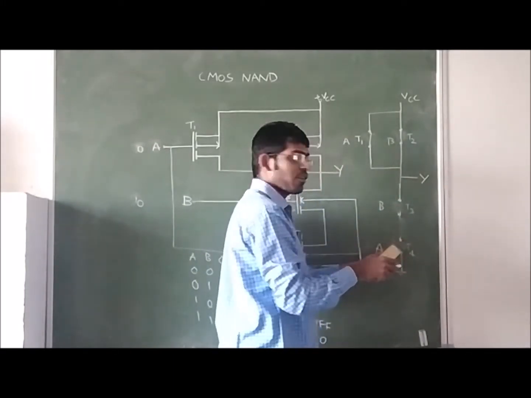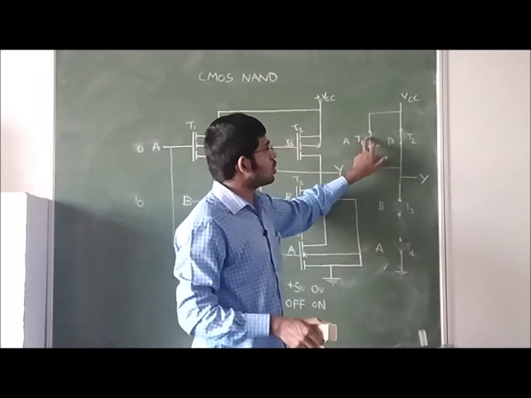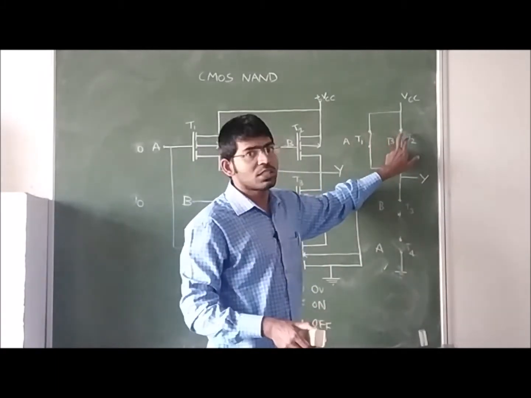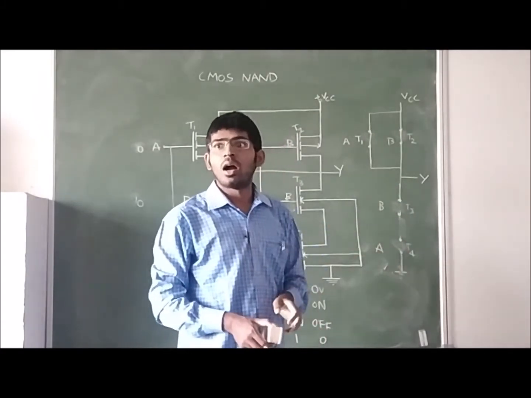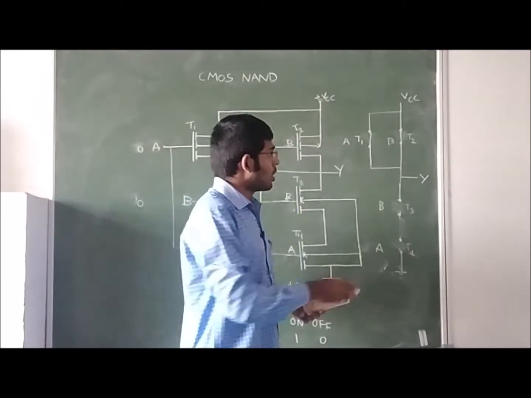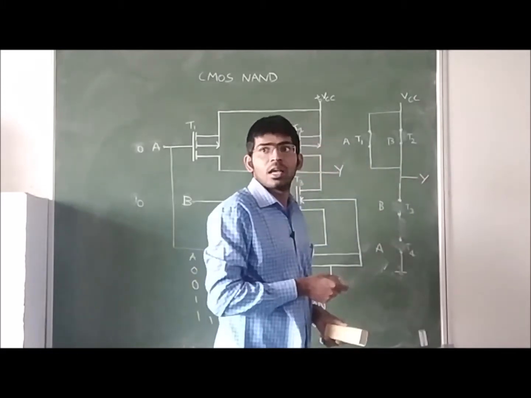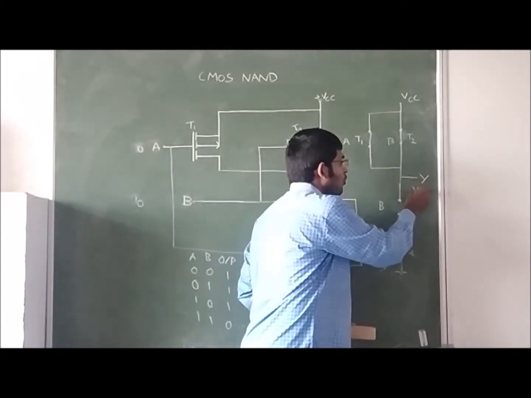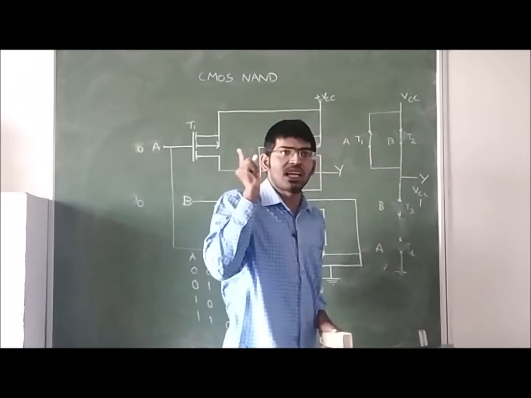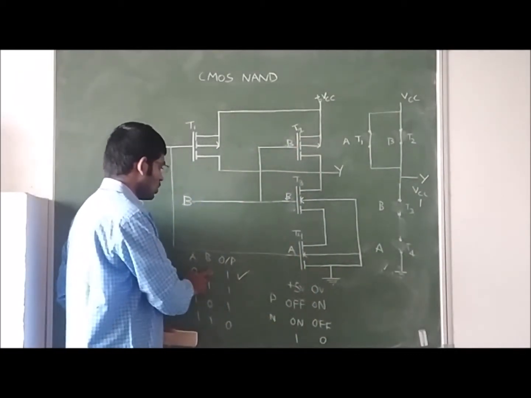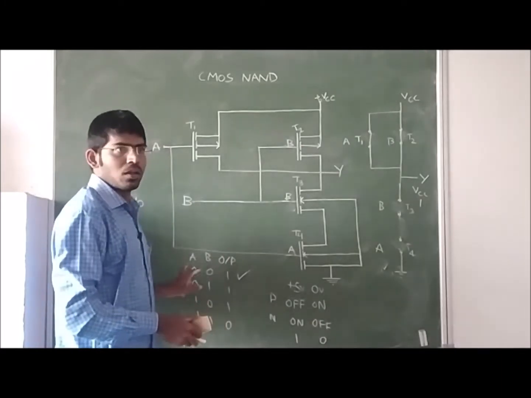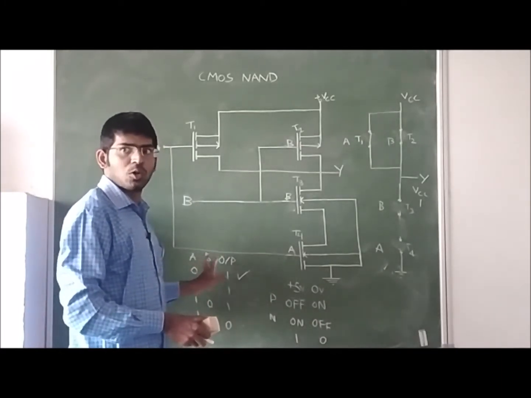Again, it is in off condition. We have given 0, 0 to A, B. Both P-channel MOSFETs are in on condition and both N-channel MOSFETs are in off condition. Now what is the output Y? Output is VCC, which is nothing but digital logic 1. So for 0, 0 the output is 1.